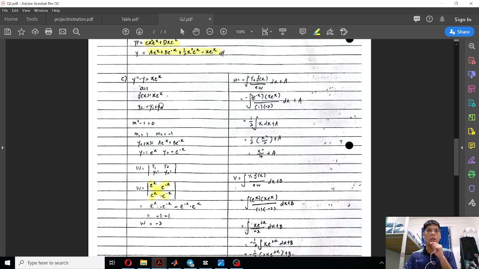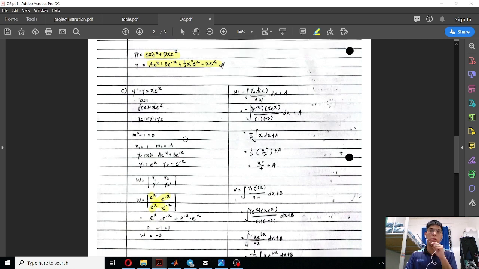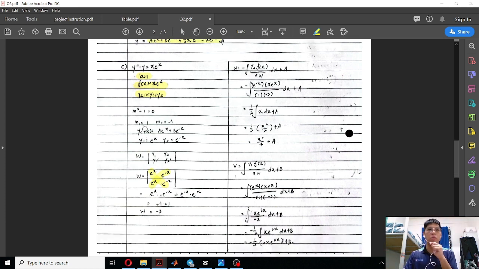So we need to use the Wronskian method to do part C. Before that, we use the same setup as before: y double prime minus y equal to x exponential power of x, where a equals 1, f(x) is x exponential power of x, and yc will be y1 plus y2. So we need to find the m1 and m2 values using the calculator.